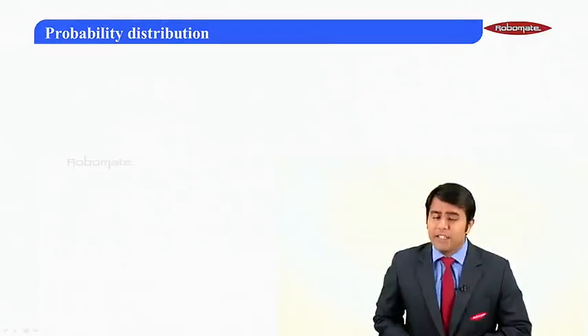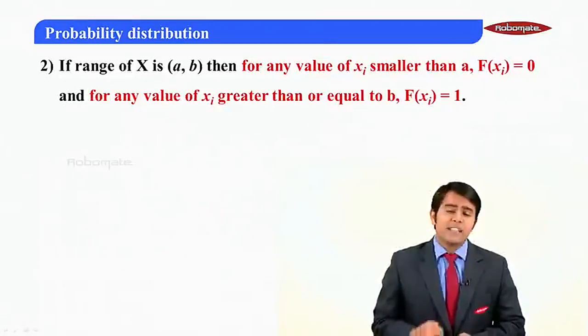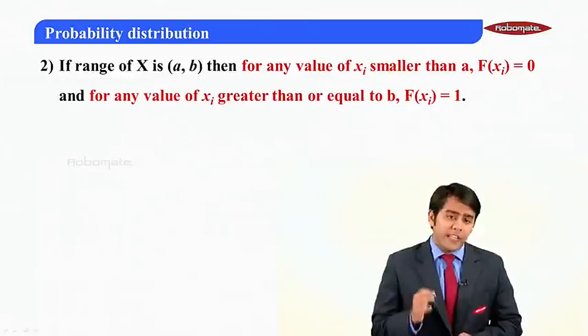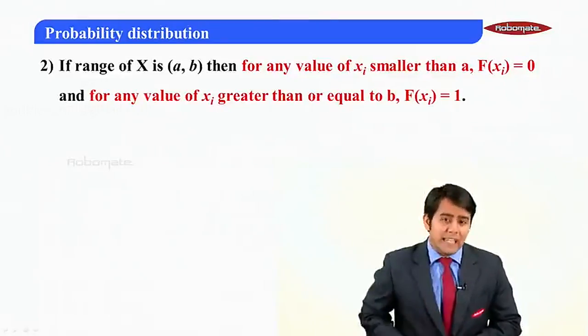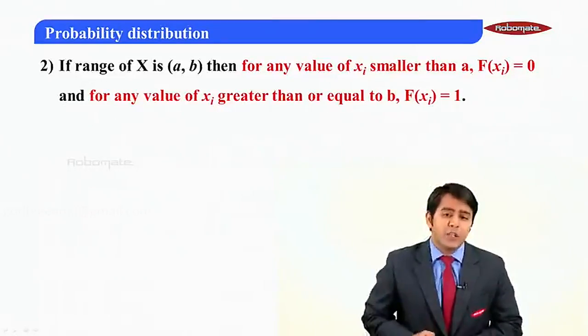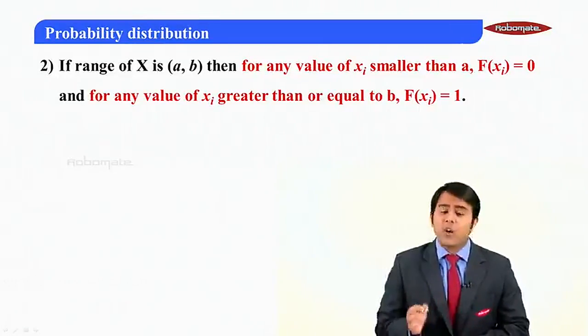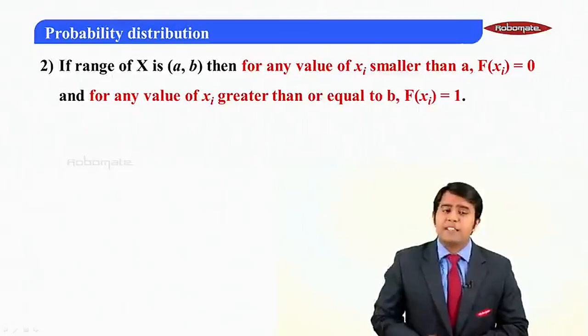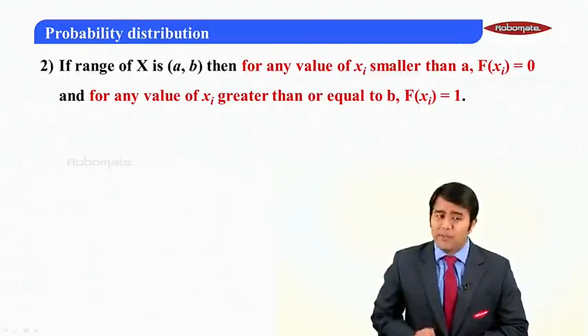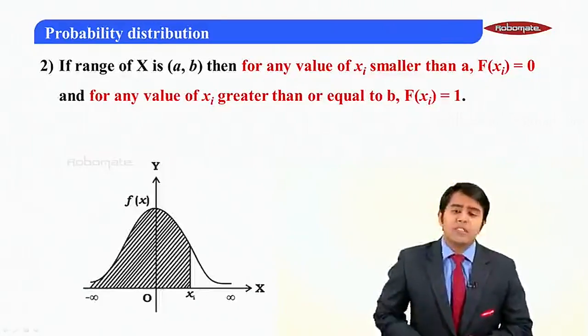Now moving further here, what we must understand is if for any value of xi which is smaller than a, F of xi will be equal to 0, and for any value of xi greater than or equal to b, F of xi will always be equal to 1. Here observe this graph.